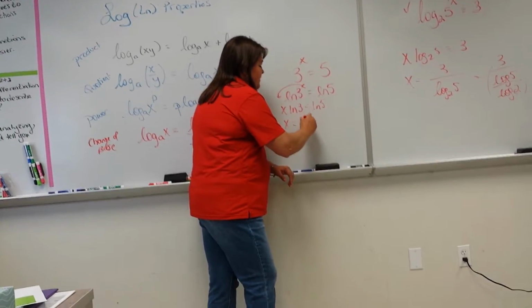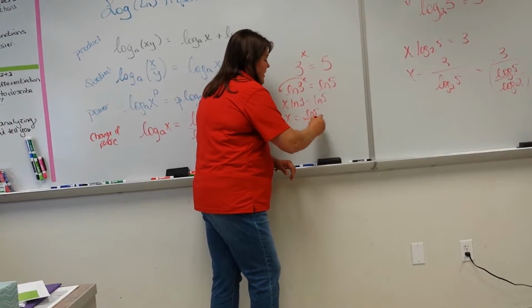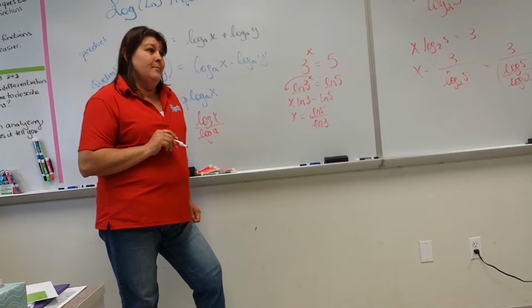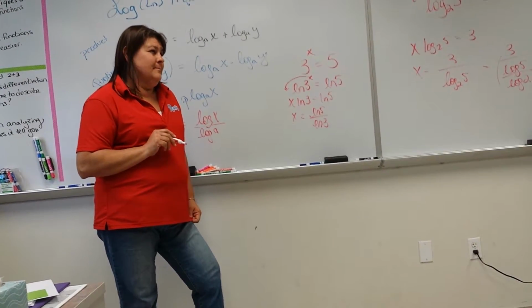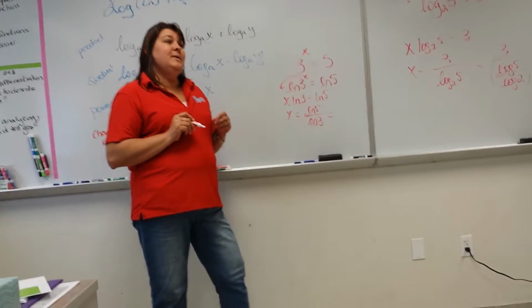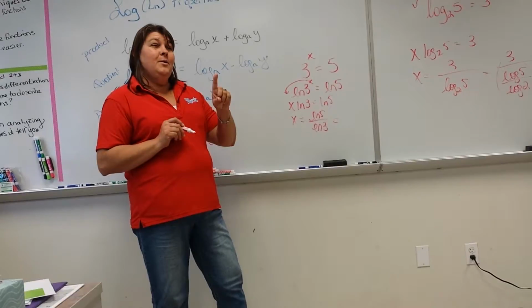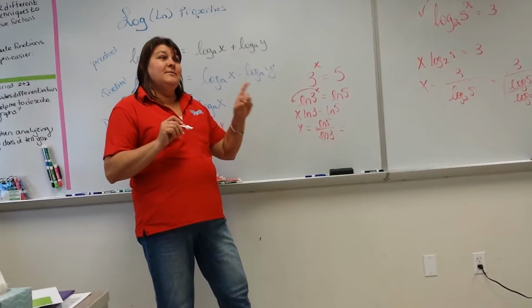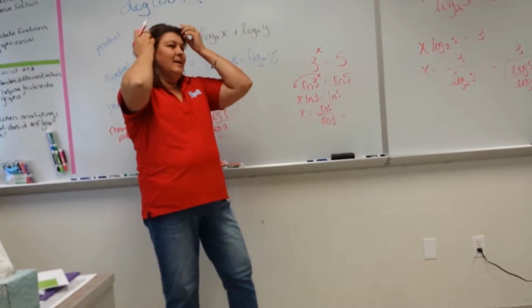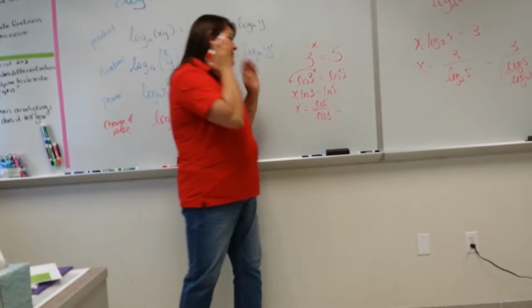So we have the natural log of 5 divided by the natural log of 3. That is something you can plug in your calculator. What do you get? 1 point something. You know it's not 2, and you know it's not 1, because 3 to the first is 3, 3 to the second is 9, so it's somewhere in between. The answer is 1.46.